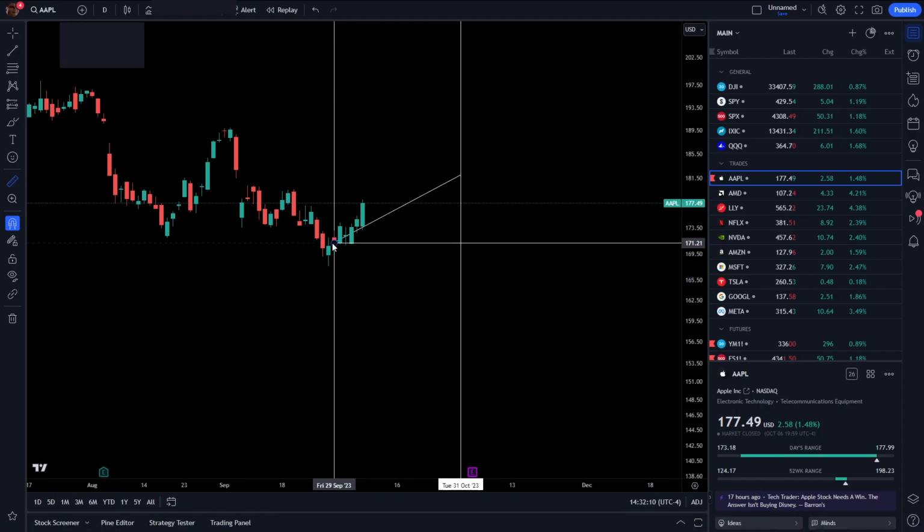Since I've entered this option, Apple stock has done fairly well for the first week of October. Right now, the underlying on Apple is sitting up 3.67%, and we still have about 3 weeks left to go.